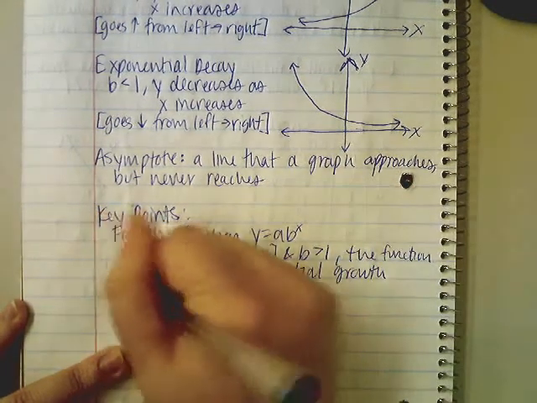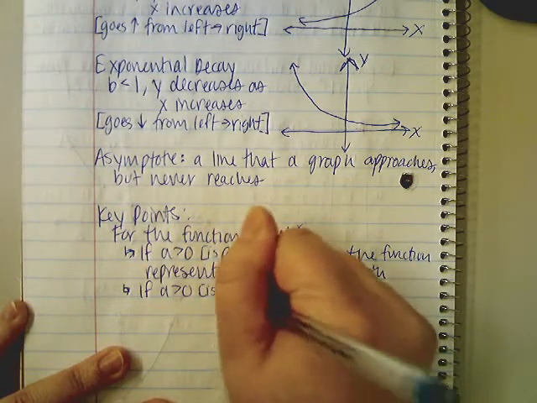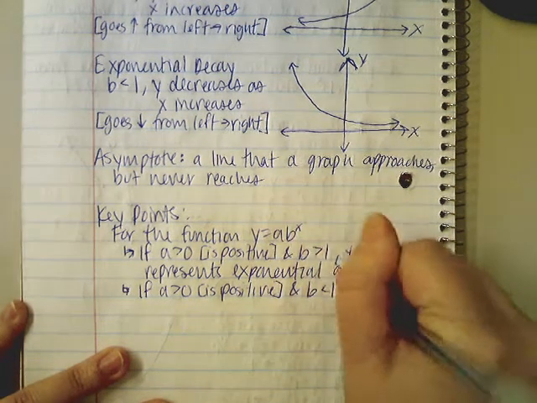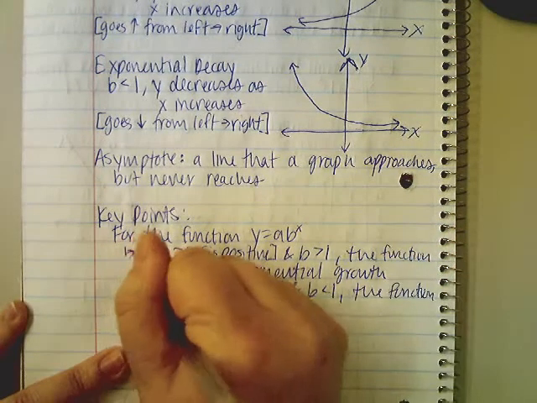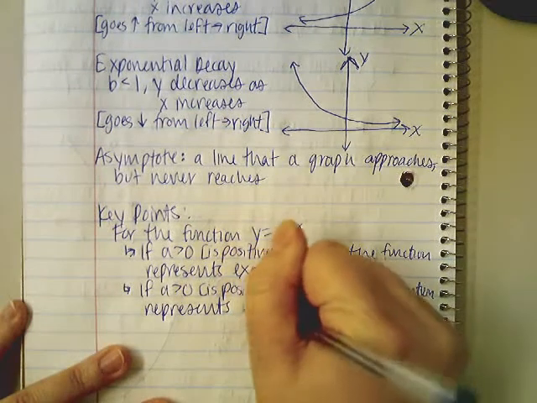On the other hand, if a is still positive or greater than 0, and b is less than 1, the function represents exponential decay.